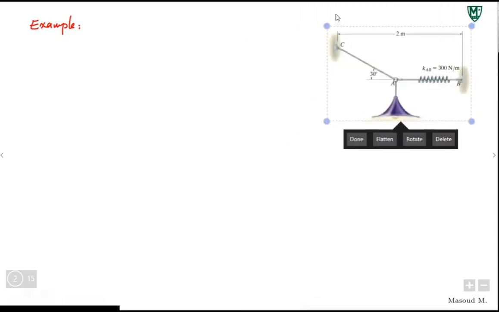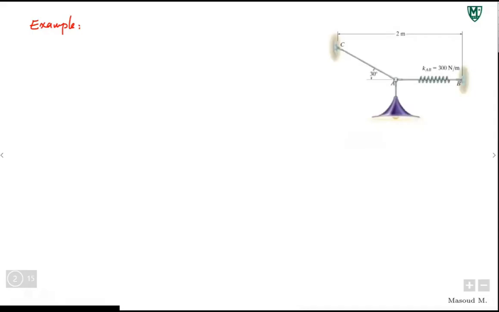So we have a lamp. It's hanging, and now it's connected to a ring at point A, and that ring is held by one cable AC, which is connected to a ring from one side and connected to the wall on the left side at point C. And the whole system, or the lamp, is also held by another connection on the right side, which is a spring.